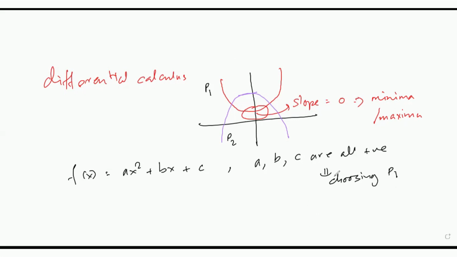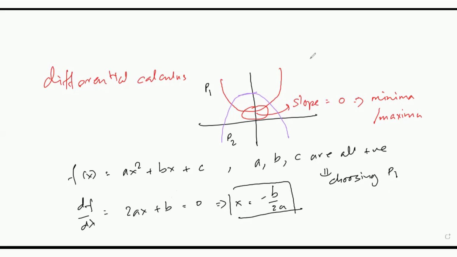We can do the same for parabola 2 with all of them negative. So if you take the derivative df/dx, that is 2ax plus b, and if we equate it to 0, we see the solution x equals minus b over 2a.